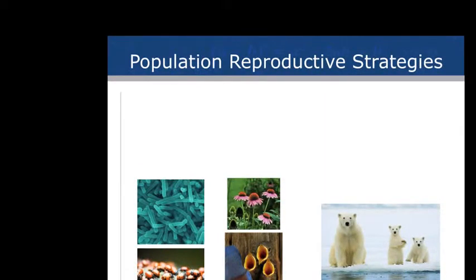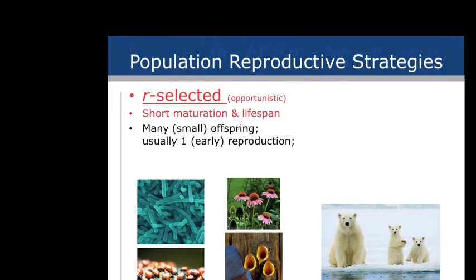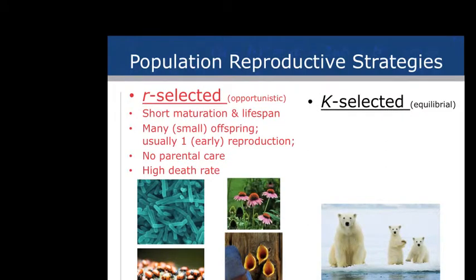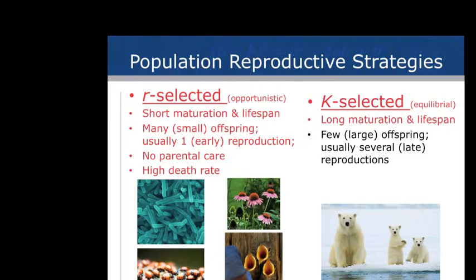All right, so let's talk about our selected species. They're very opportunistic. They have short maturation and lifespan. They're usually pretty small. They don't have a lot of parental care, and they have a high death rate. Compared to K-selected or equilibrial species, and this now returns to these life histories, they have long maturation and lifespan, few offspring, often large, and usually several late reproductions, extensive parental care, and a low death rate.